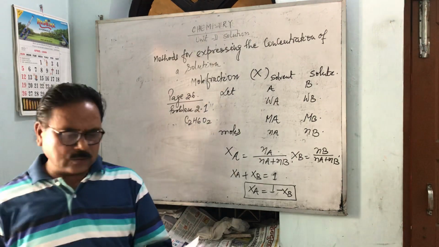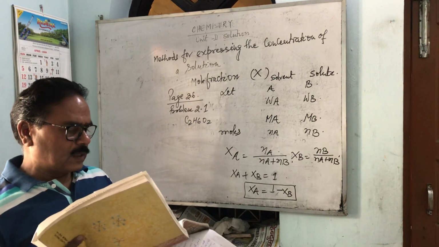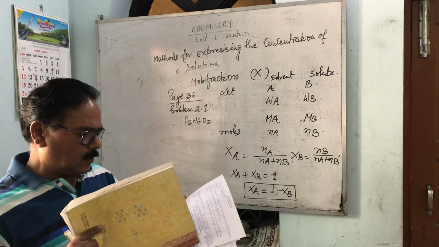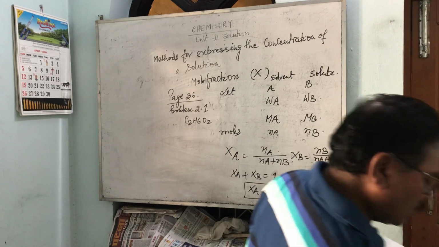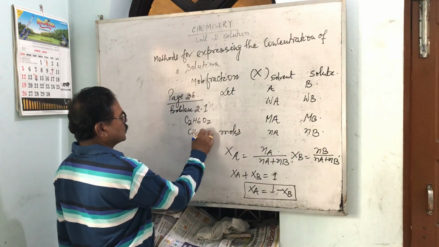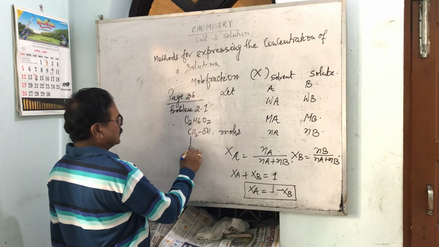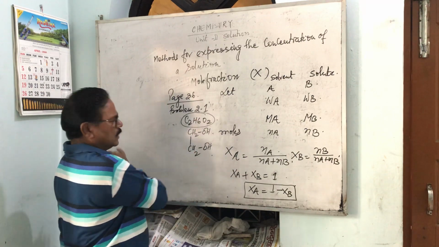So we read the question again. Calculate the mole fraction of ethylene glycol, C2H6O2, in a solution containing 20% of ethylene glycol. Ethylene glycol is CH2OH–CH2OH, so the formula is correct, C2H6O2.